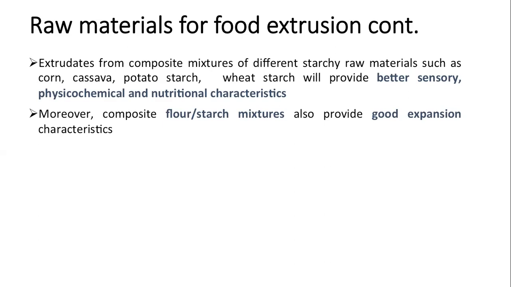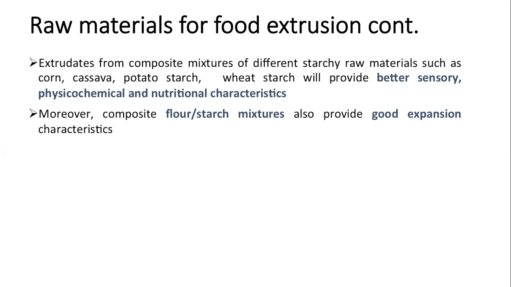Then, when it comes to composite flour mixtures, here you can see some mixtures: corn, cassava, potato starch, and kurakan-like materials we can also use, to improve physicochemical properties, sensorial properties, and also nutritional characteristics. The major problem of extruded food products is nutrition. It is a food product with very good sensorial qualities, but nutrition is not there at an adequate level.